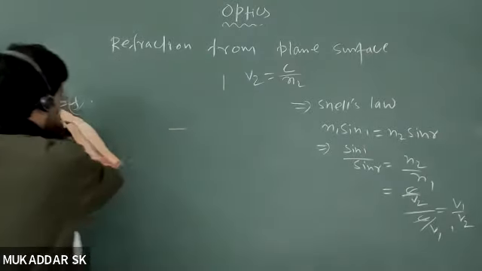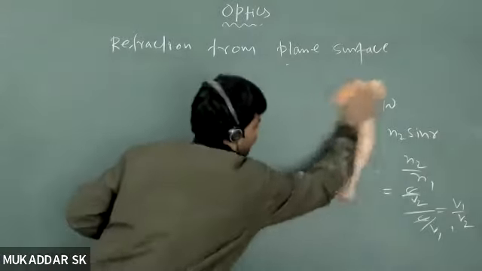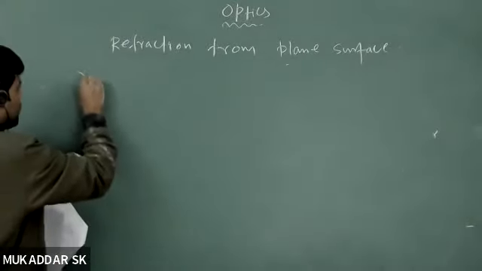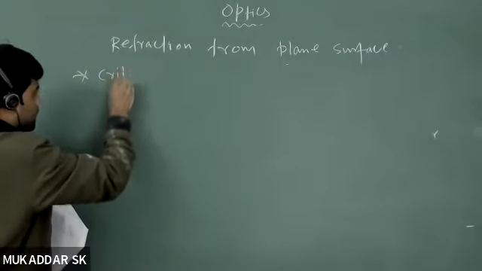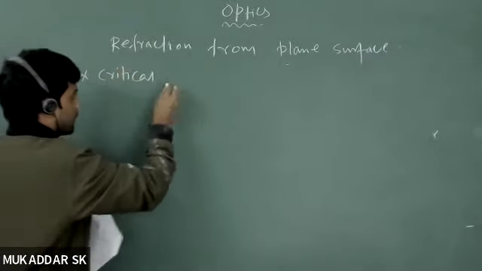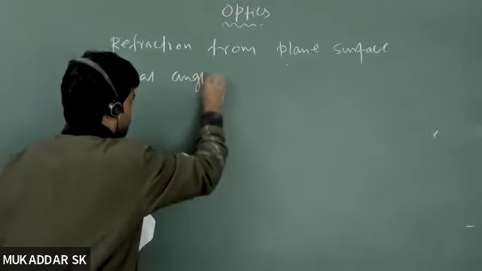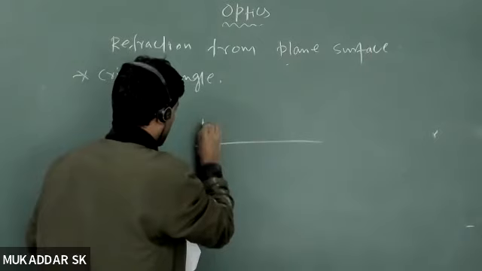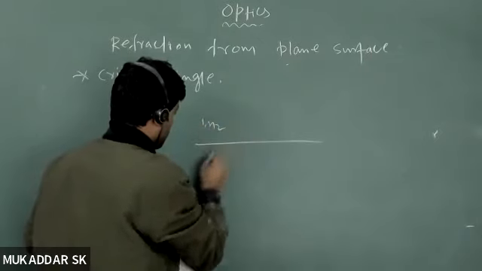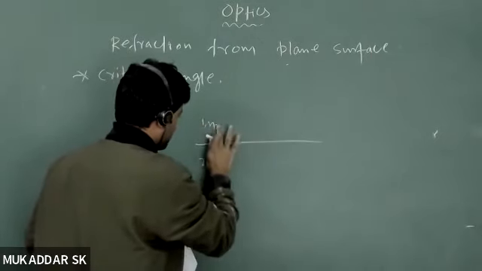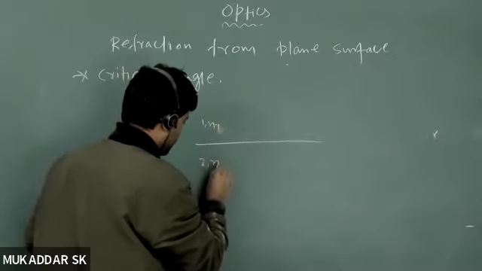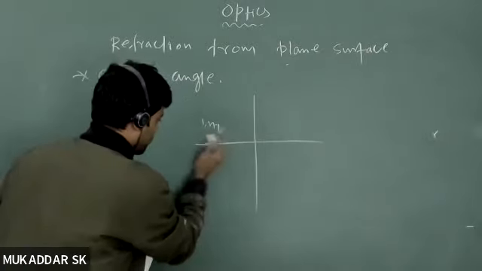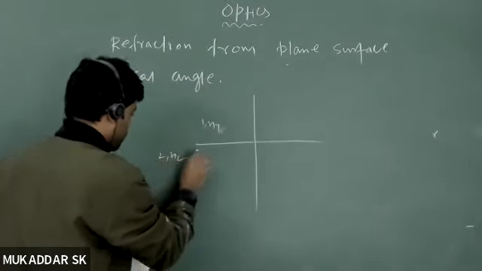Now, based on this refraction, there is a concept known as critical angle. Suppose you have medium 1, refractive index n1, and medium 2, refractive index n2, and let us assume this is the interface.